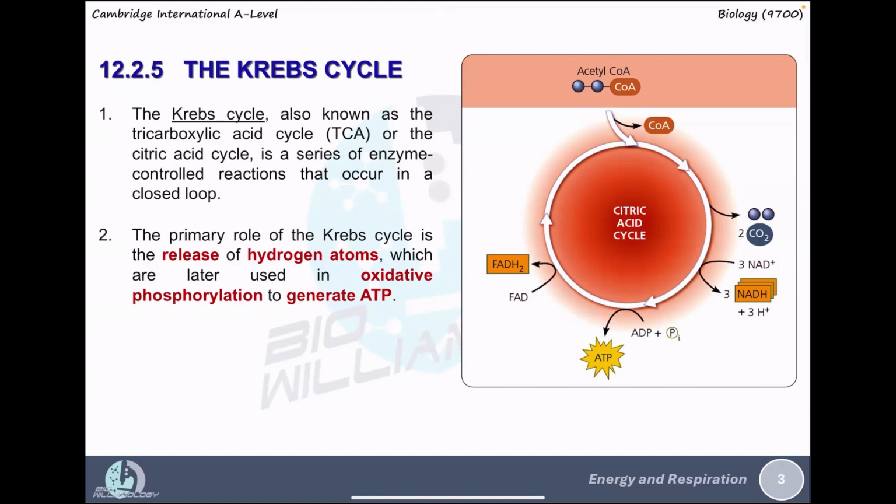When these hydrogen atoms are removed from the substrates, they are transferred to NAD or FAD. When NAD and FAD receive the hydrogen atoms, they themselves are reduced to form reduced NAD and reduced FAD respectively.